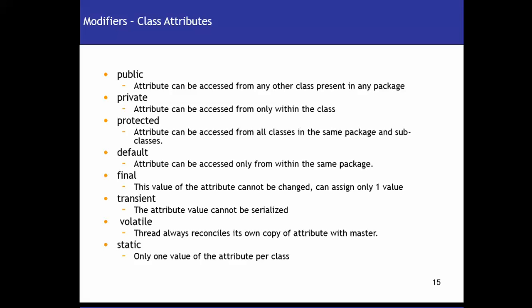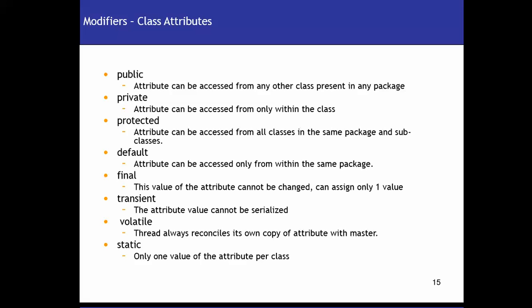Next is volatile. Volatile is mainly used in threads, the multi-threading concept. Whenever you are using threads in Java, the volatile modifier is used. A thread always reconciles its own copy of an attribute with a master.